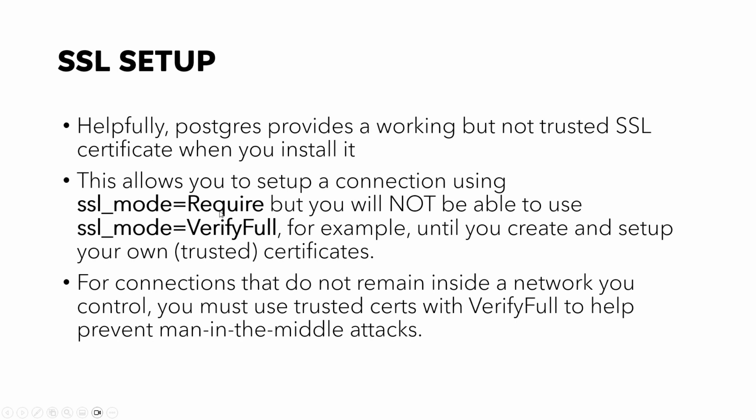But that require doesn't do any verification. All it's going to do is get an SSL certificate. So it will encrypt the connection, but because it's not a trusted certificate, it won't stop a potential man-in-the-middle attack where somebody effectively verifies with the client and then proxies that connection and verifies to the server at the end. Then require is not going to give you that protection.